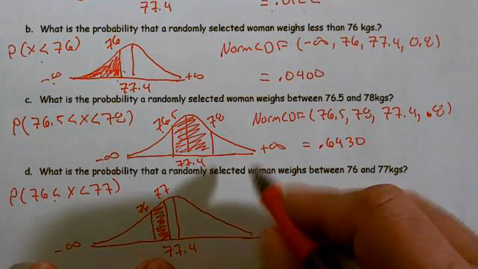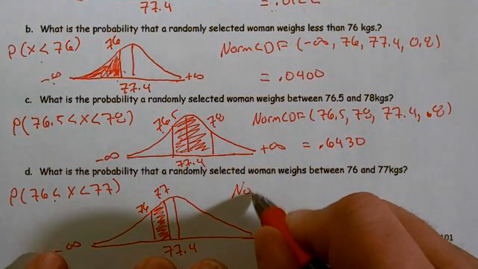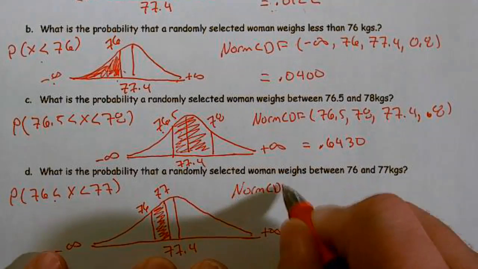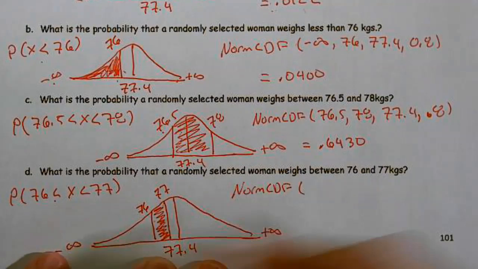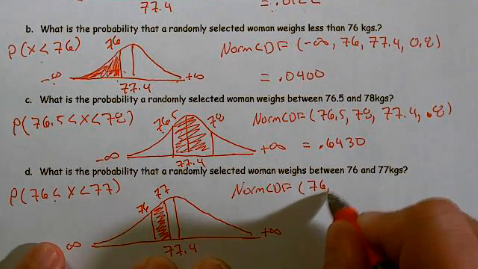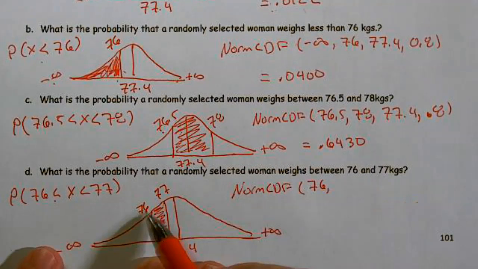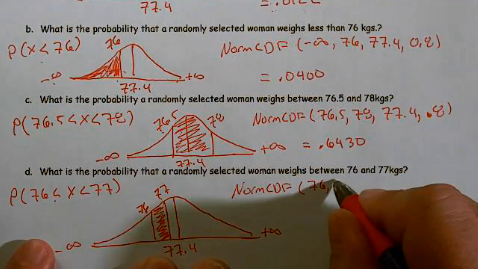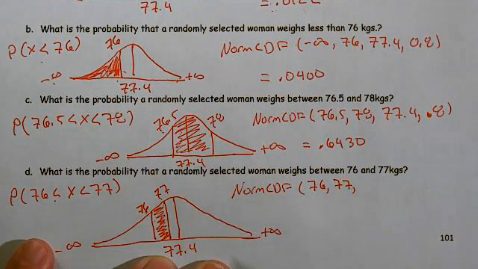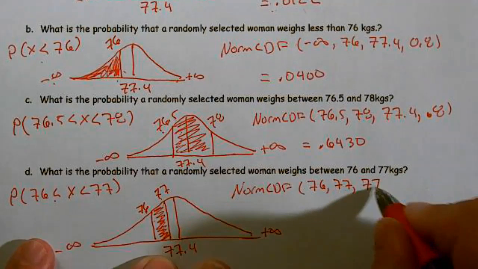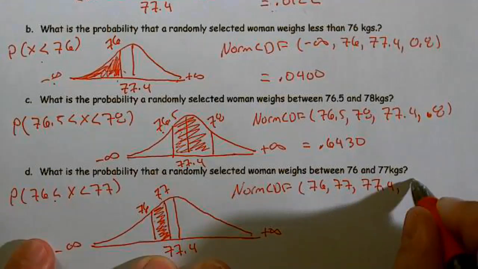So they've told us it's normal. Lower bound 76. Lower part of the shading is 76. The upper part of the shading happens to be 77. Our mean is 77.4, and our standard deviation is 0.8.